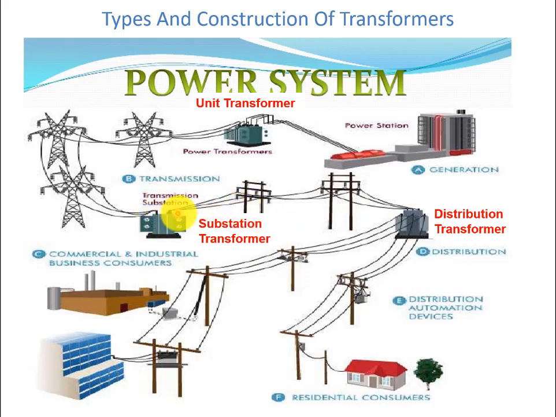Obviously it's a step down transformer. Again we have another step down transformer which is called the distribution transformer. These are basically the same transformers. There is no difference in basic construction of these, but their use and their place make them important, and we have just named them unit transformer, substation transformer, distribution transformer according to their place in the power system.